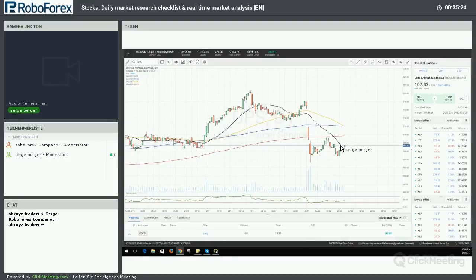But at the same time, I also want to respect strong bullish reversals, because one of the main things we've talked about over the past two and a half, three months in this webinar series is the potential for strong bullish reversals to really make you a lot of money over time.